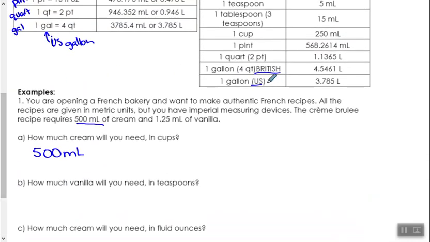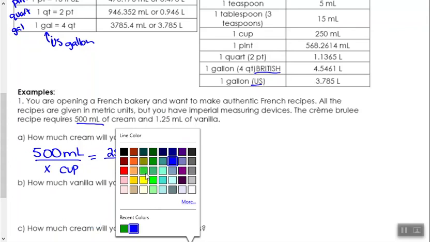So if I take a look up, I see that 1 cup is 250 milliliters. So 500 milliliters, I can turn that directly into cups. So I can do this with 1 conversion. Okay, so setting up my proportion, milliliters lines up, cups lines up, and then 1 cup is 250 milliliters.